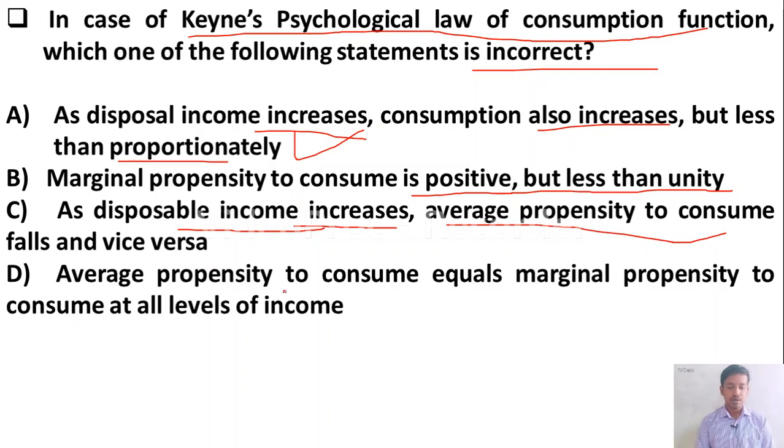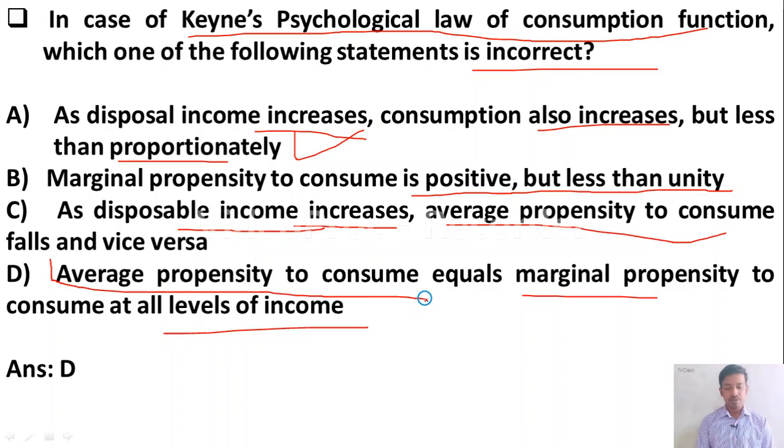Option D, average propensity to consume APC equal to marginal propensity to consume at all income levels. Yes, here the incorrect statement is option D. Average propensity to consume equals marginal propensity to consume at all levels of income. This is not correct here.